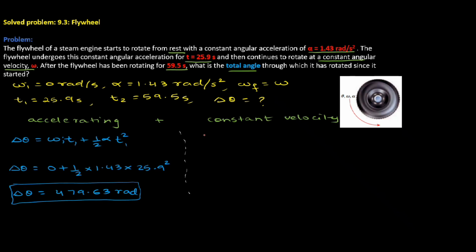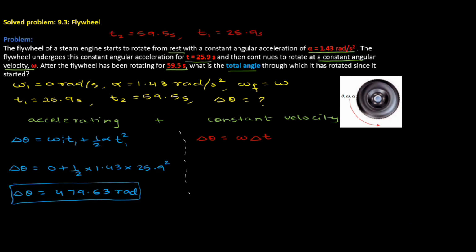When the object is moving with constant velocity, I can find its displacement delta theta as omega times delta t, where omega is the constant velocity and delta t is the time interval for which it has been moving with constant velocity. Now the total time t2 of motion is 59.5 seconds. And in this total time, t1 is the time for which the object was accelerating.